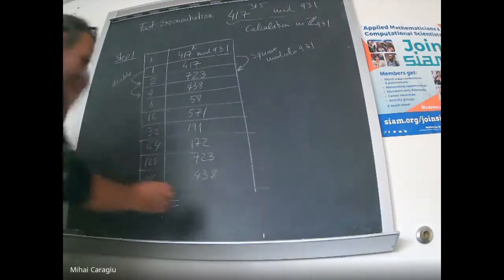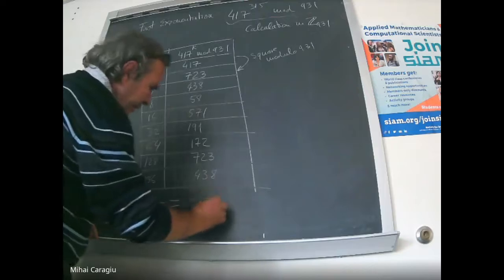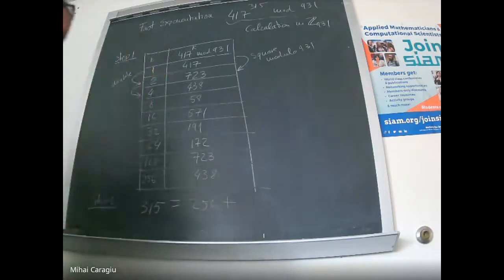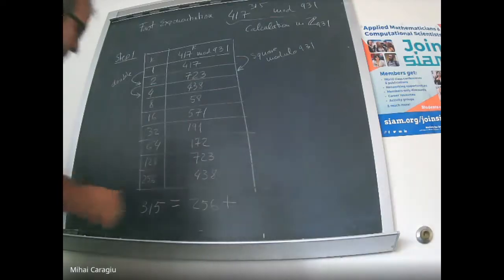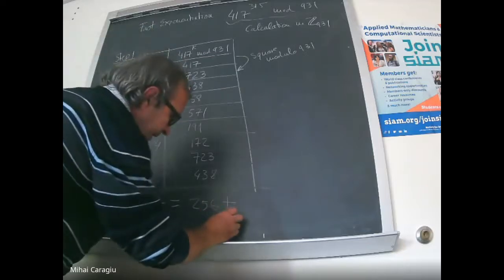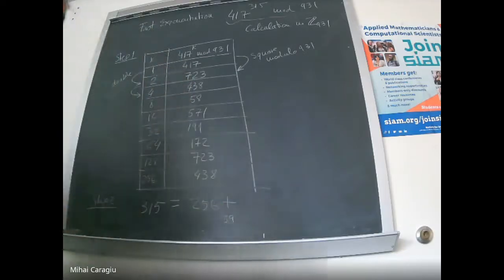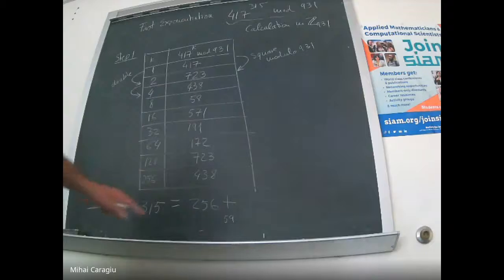So it's 256 plus, what's left is 59, right? Put 59 under the plus sign, just to keep track of this. So 256 plus 59.